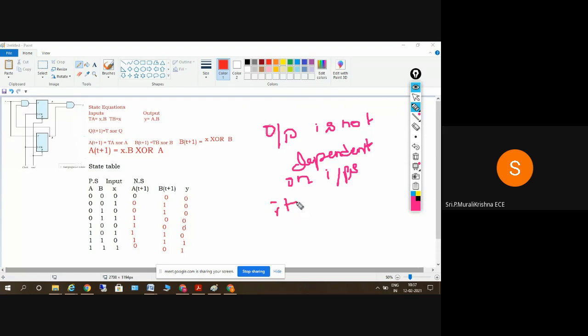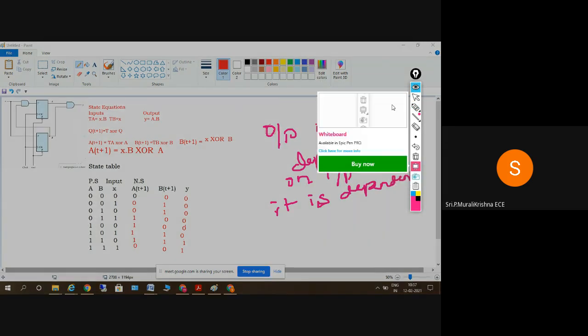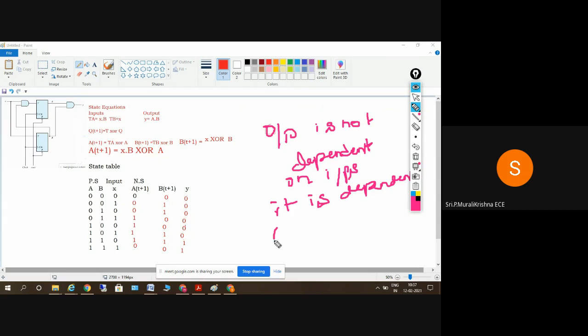It is dependent only on states. States are nothing but A and B. A and B are states here, so y is equal to AB here. We don't have any kind of input involved here. X is not involved. It is depending only on the states here.